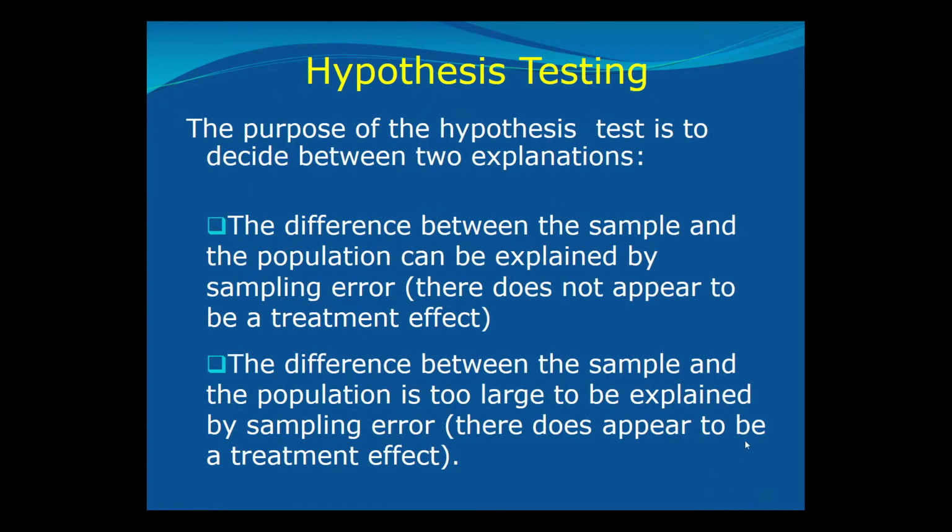The purpose of a hypothesis test is to decide between two explanations. The difference between the sample and the population can be explained by sampling error, which does not appear to be a treatment effect. Or the difference between the sample and the population is too large to be explained by sampling error, which does appear to be a treatment effect.